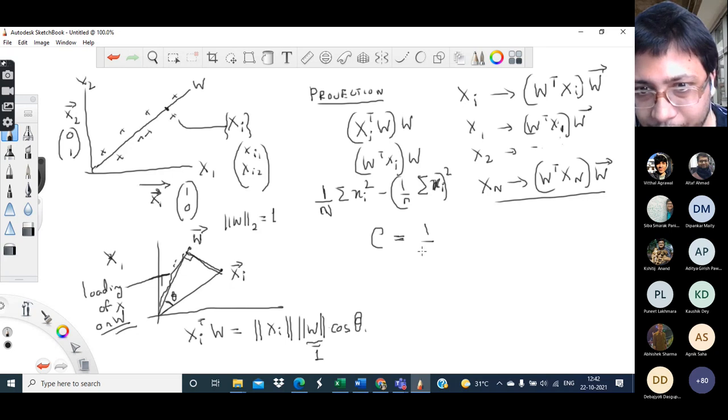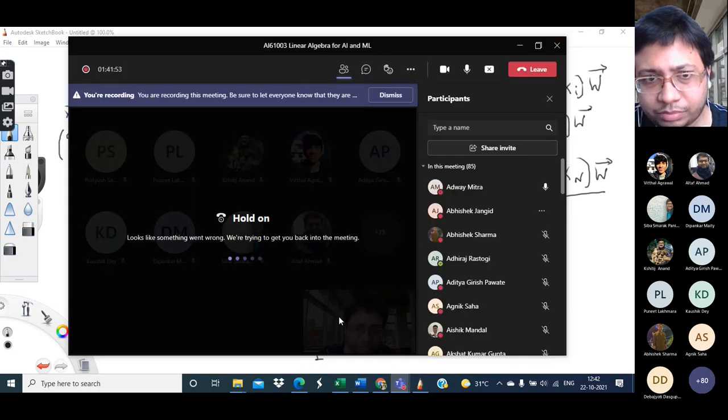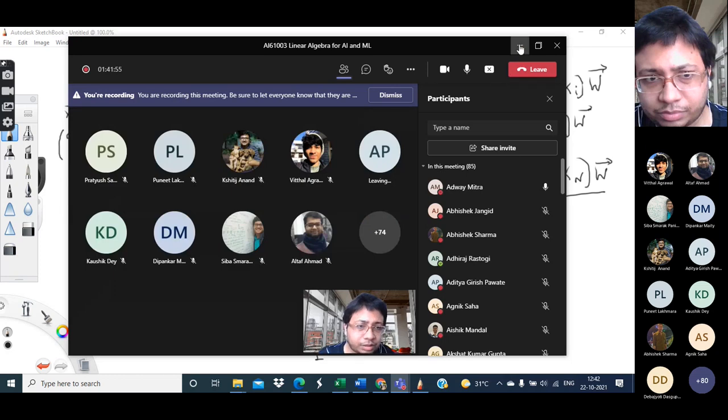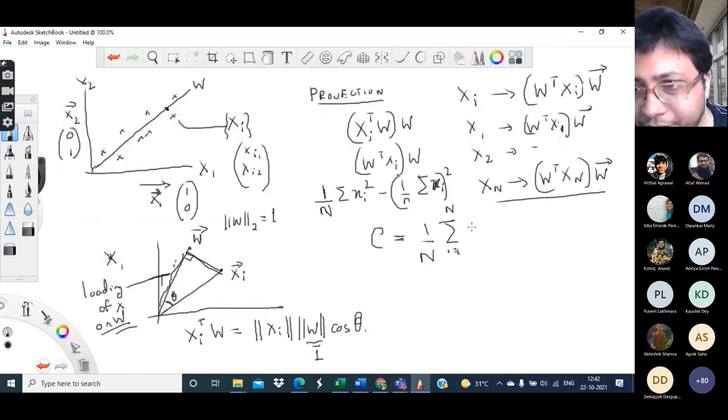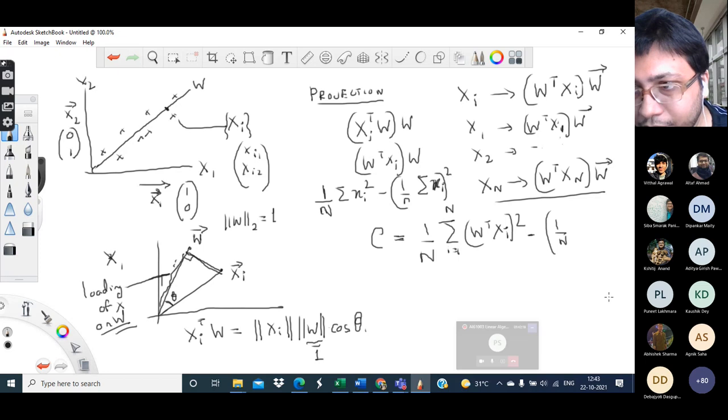Let me write it in this way: summation i equal to 1 through n, instead of xi squared I will write W transpose xi whole squared, minus 1 by n summation W transpose xi, the whole thing squared, correct?